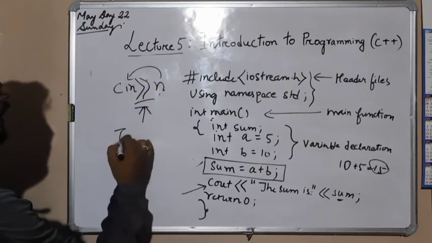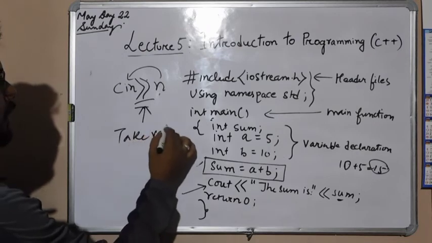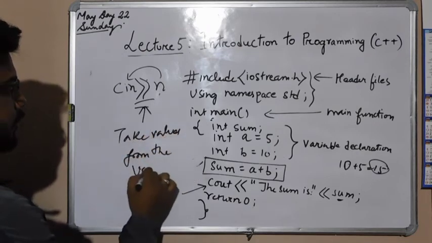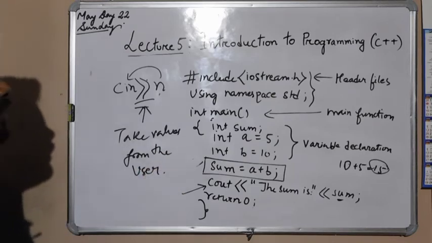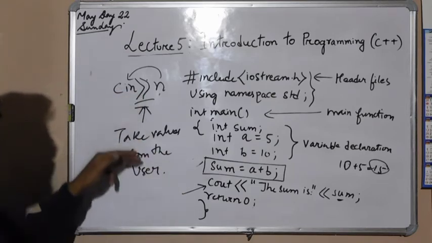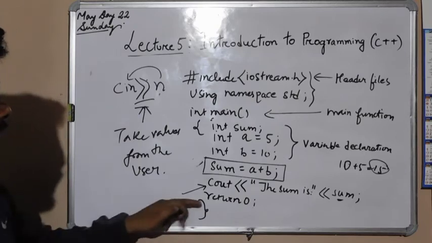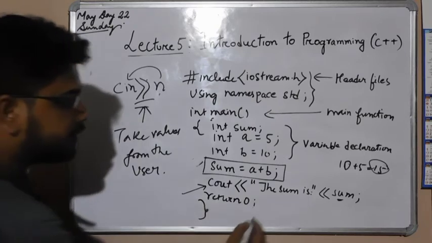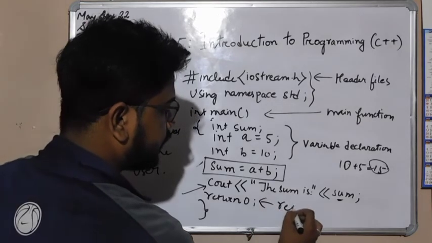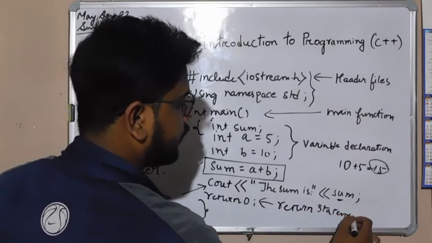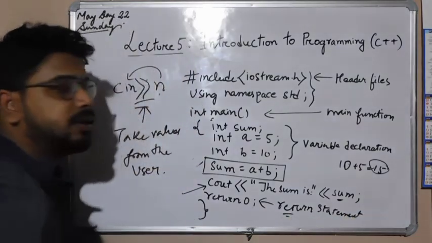It is used to take values from the user, right? So the cin statement is used to take values from the user. And lastly, return 0. This is known as the return statement.